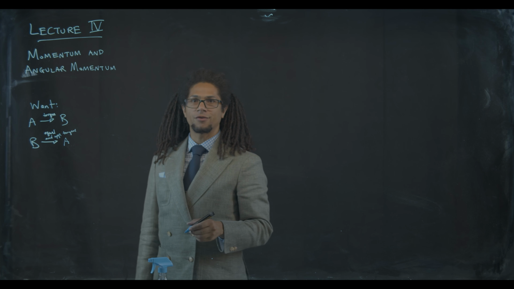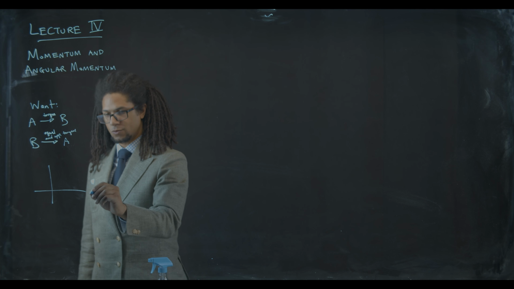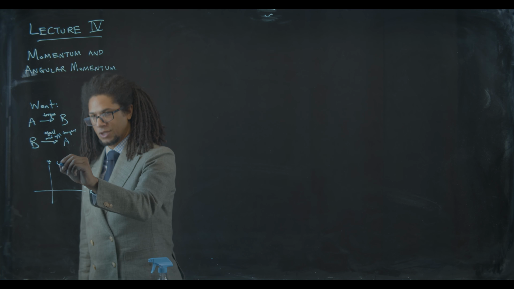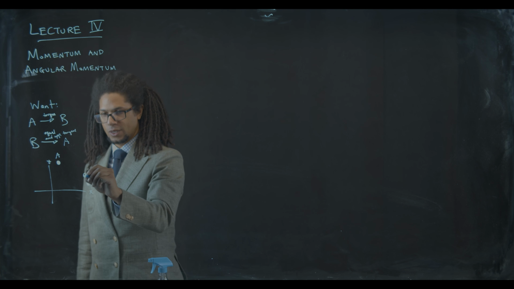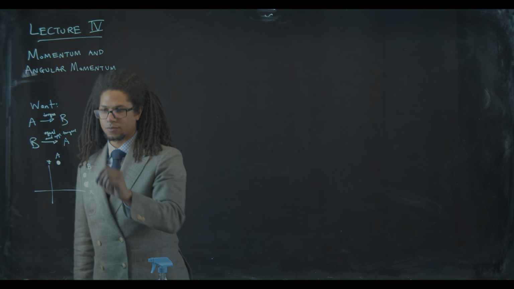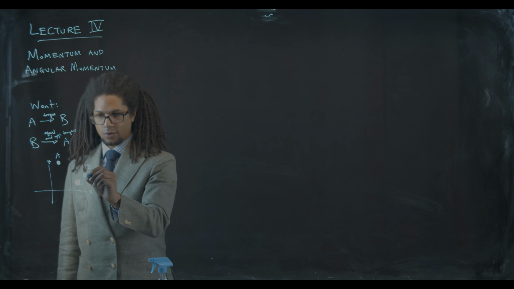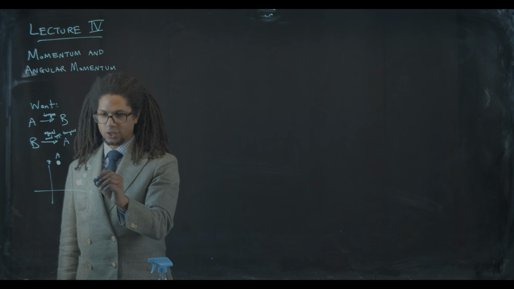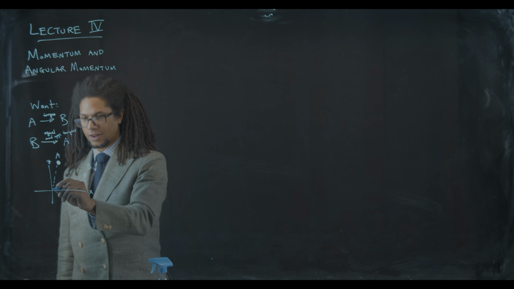So let's see if that happens by drawing a little diagram. We'll let these be the x and y directions, and here will be our first object, A, and here will be our second object, B. Now I'll say that they exert forces on each other, so let's draw in the position vectors to each of these.